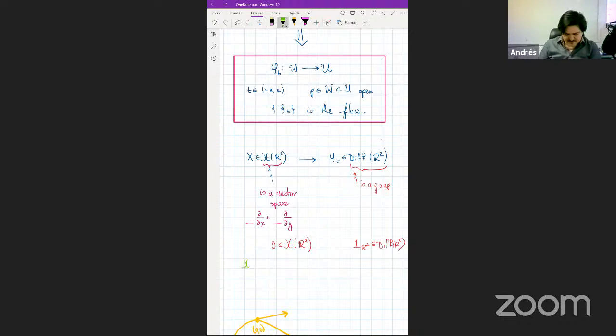Because this is an infinite dimensional vector space, and we took here one element, one vector field, like d/dx only, or the one given by rotations, one element, one vector field. Using the flow, you constructed this.